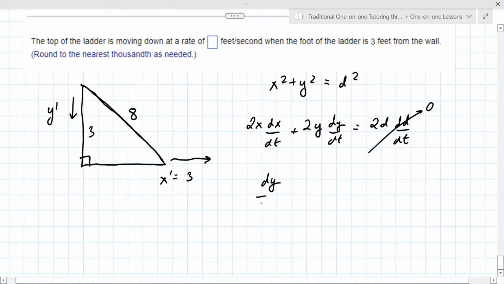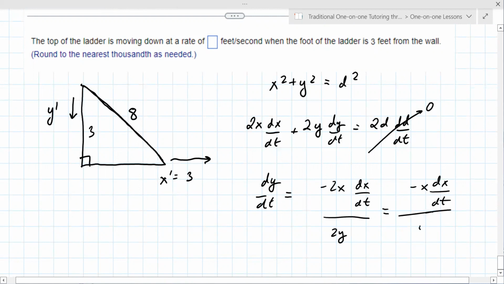Then we solve for dy/dt. dy/dt equals minus 2x dx/dt over 2y. And then you can do a small cancellation: minus x dx/dt over y. So you need x, y, and dx/dt. The x is the only thing we don't know.